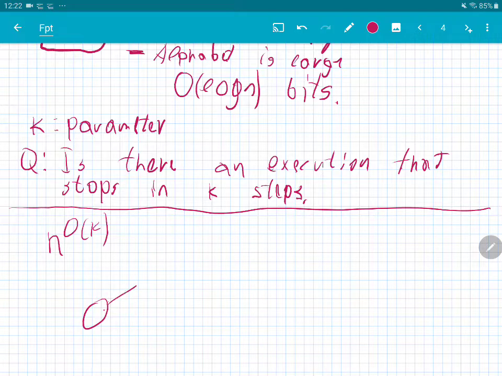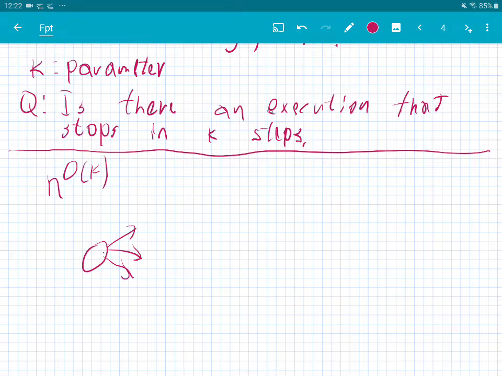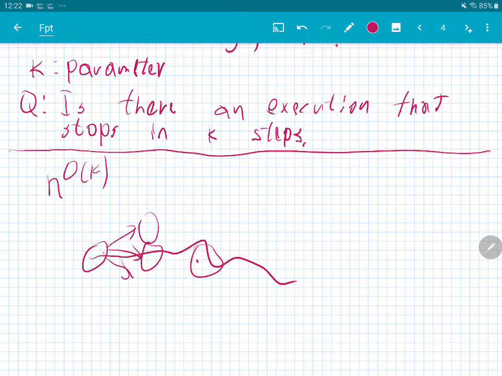The important thing is that because it's a non-deterministic machine and the alphabet is quite large, every node in the Turing machine can go to a polynomial number of states. There's a total number of polynomial states, but every transition there might be a polynomial number of possibilities. So you have to guess the next transition, and the next transition, and so on. So there are n to the O(k) paths of length k. So this is the time it's going to take to solve this problem by brute force.